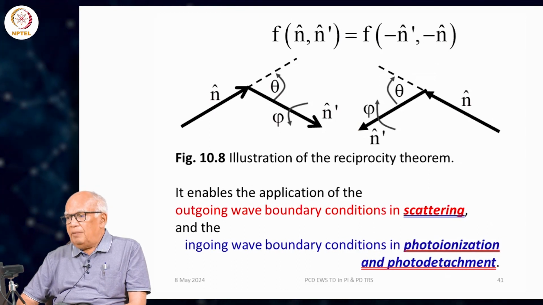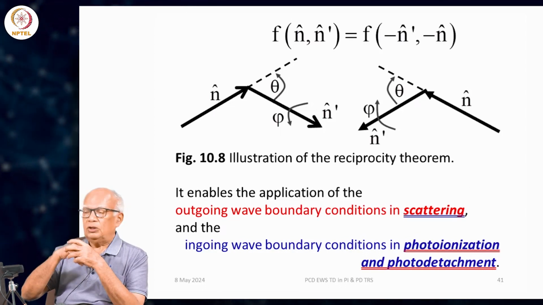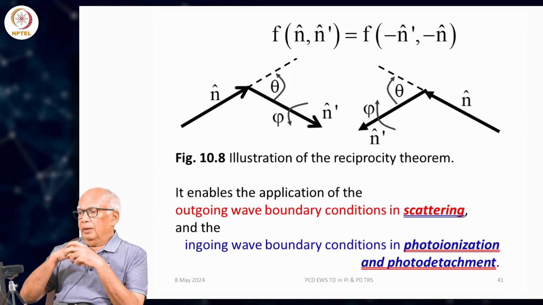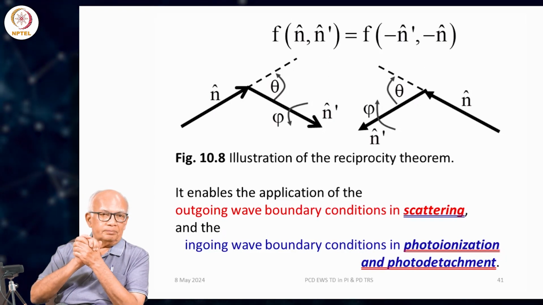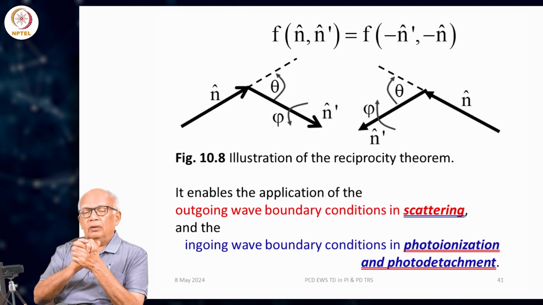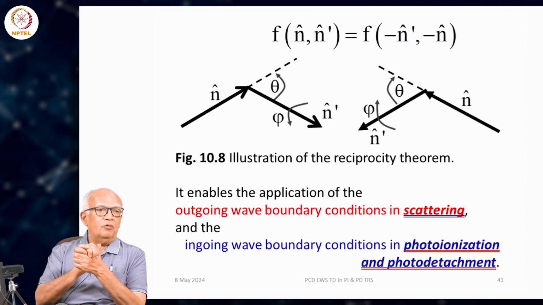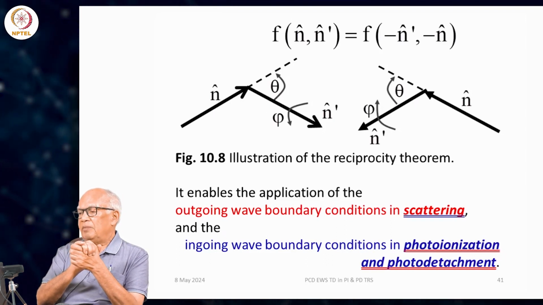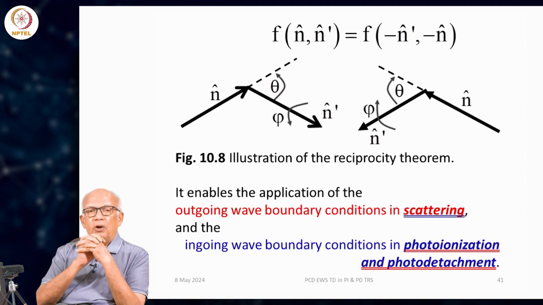So, n and n prime, if you reverse this process, which is what you expect time reversal to do, the corresponding scattering amplitudes are exactly equal, which means that you can now very comfortably and confidently apply the time reversal symmetry to the photoionization process.